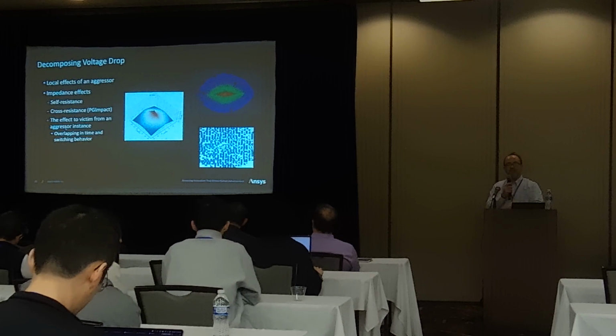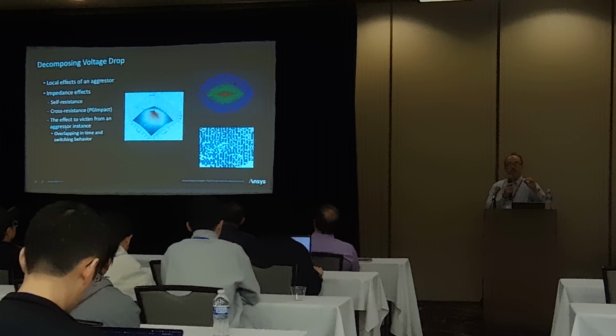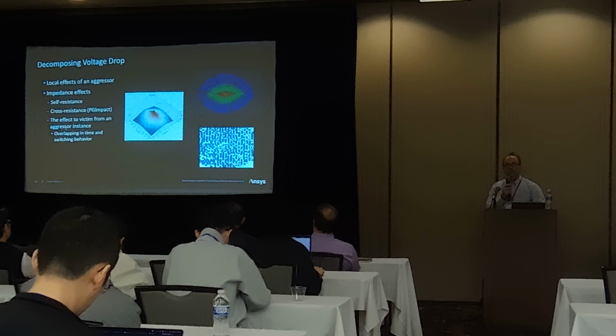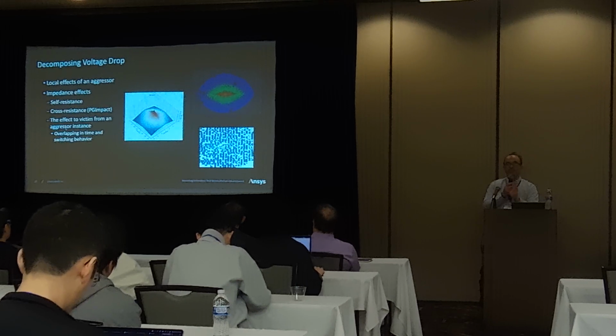And on the top, there is a layout image, where the red zone, kind of like an eye of Sauron shape, has the highest PG impact numbers for the aggressor shown in the yellow marker. So this area is highly resistive based on the aggressor current in the center, but the cross resistance decays as things go away, and the blue is a very minor, negligible amount.